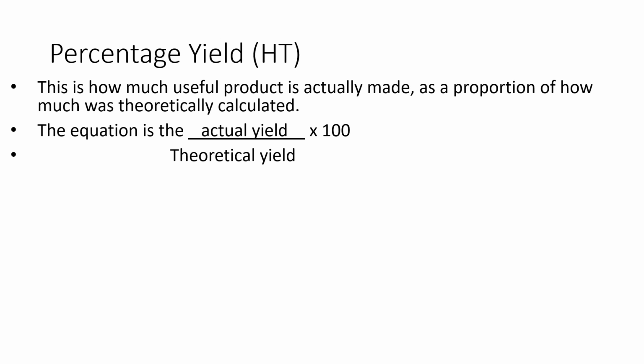Right, percentage yield. This is how much useful product is actually made as a proportion of how much was theoretically calculated. These questions may come up at the end of a reacting masses type question. The equation needed is the actual yield, so how much you actually recovered, divided by the theoretical yield, so how much you predicted you would make, and you multiply that by 100 to get a percentage.